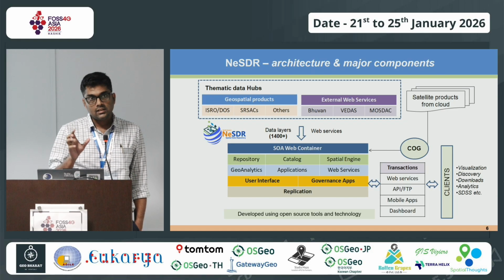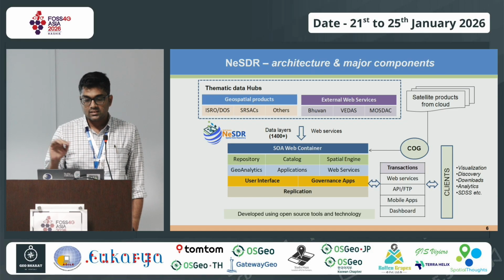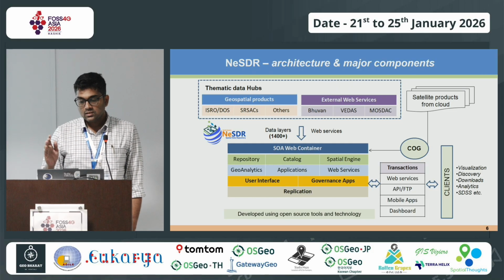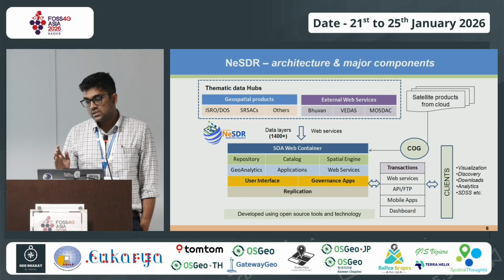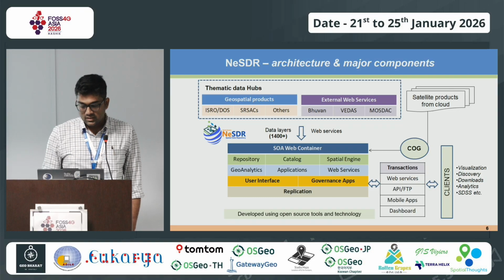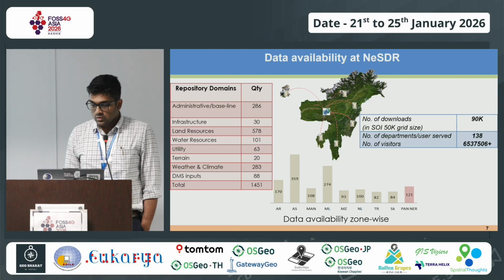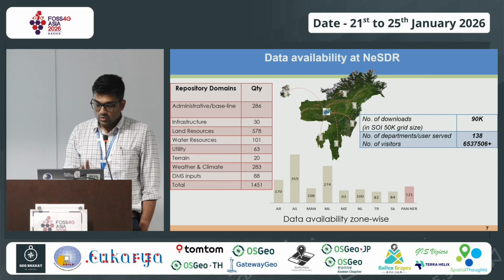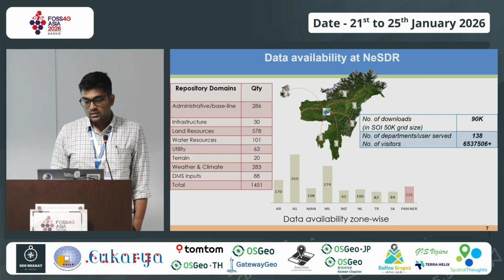We have the spatial engine that can process these data sets, provide geoanalytics applications as web services, and translate them into APIs, web applications, or dashboards that are being consumed by the various user departments. Now, coming to the data availability, as of now, we are close to 1,500 data sets.